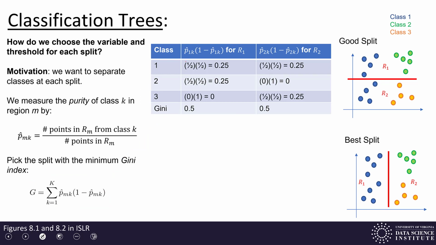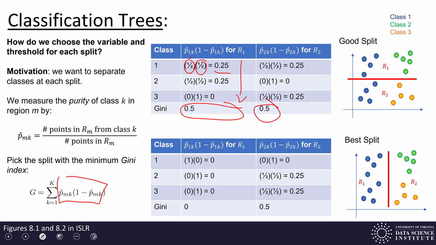And so here we've recreated this chart, but instead of having just a half for each of these, we have the purity. Instead of just having the purity, which was a half, we have the purity times 1 minus itself, and that gives you that product that's inside the sum for the Gini index, and then we add those up to get the Gini index for that region and the Gini index for the other region.